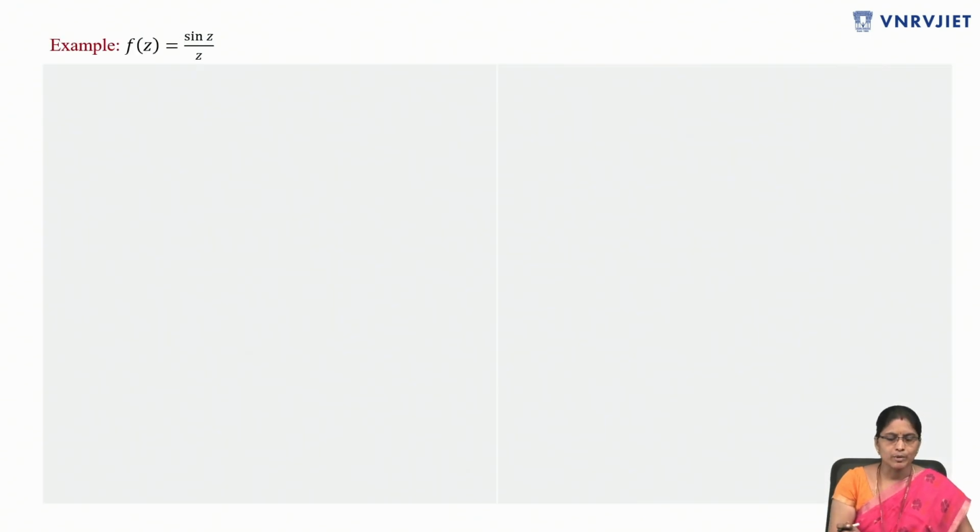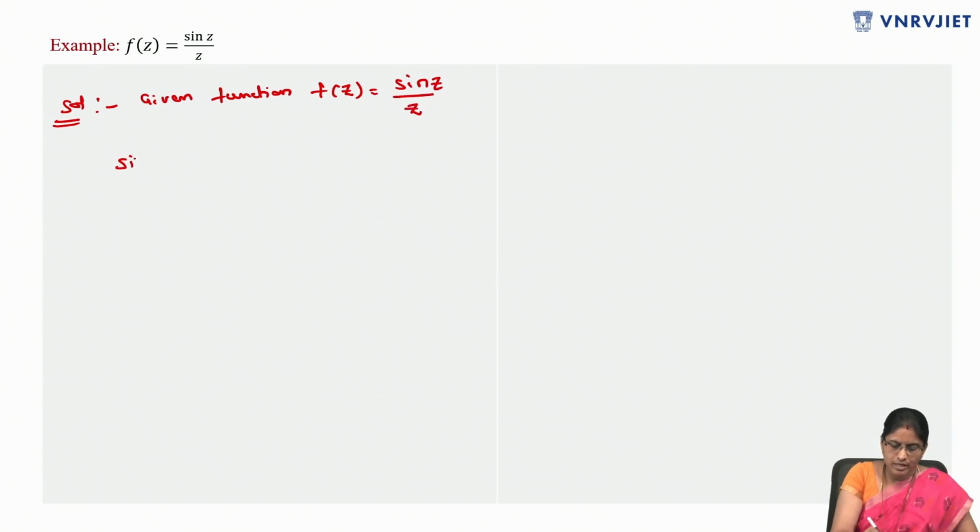Next, see the example problem. The function is given as f(z) = sin z / z. First we have to note down the given function. Given function f(z) = sin z / z, which equals 1/z times the expansion of sin z.